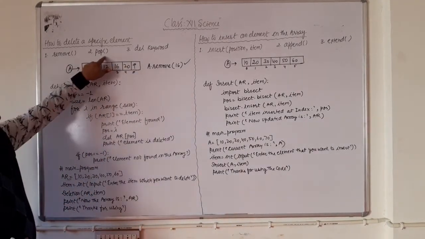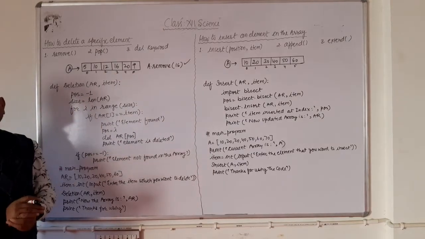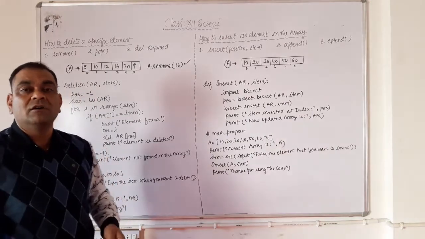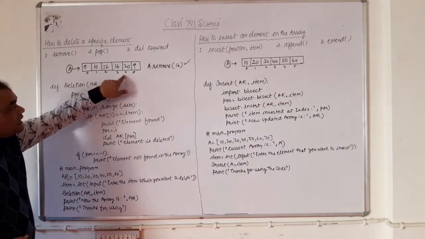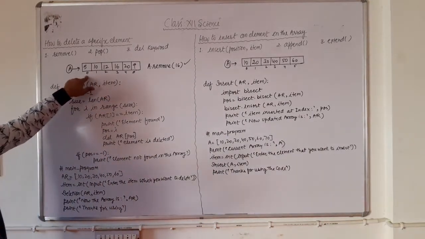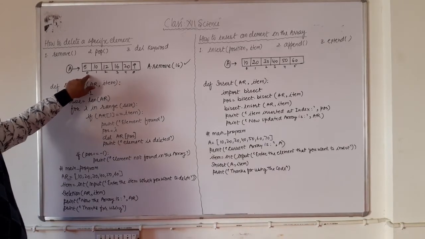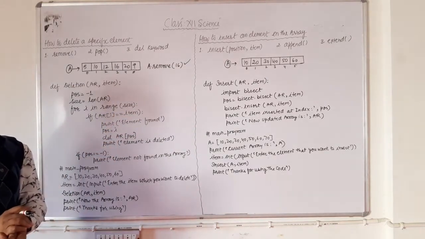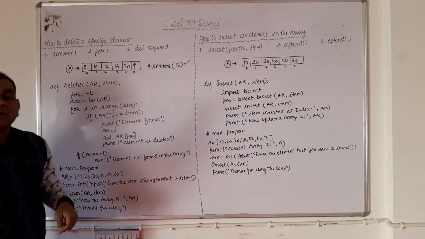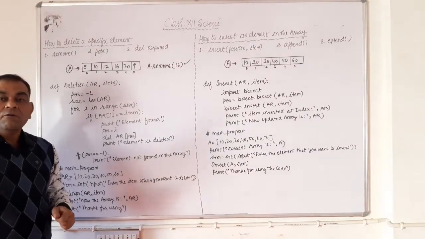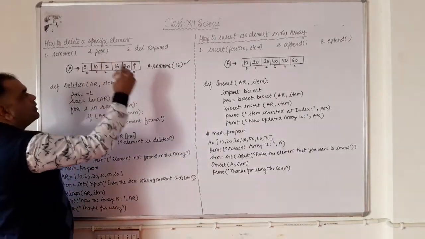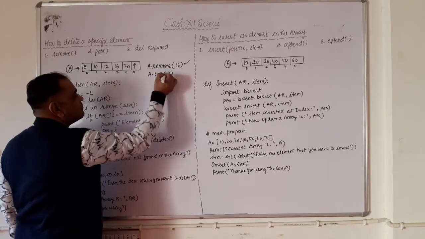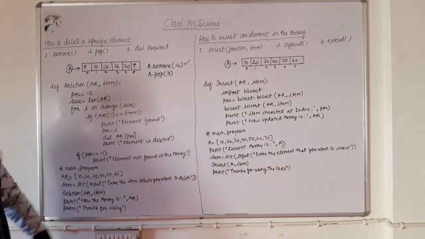The second function is pop. The pop function works on the index position, the element position belonging to each and every array position. Just see 0, 1, 2, 3, 4, 5. These are the element positions inside the array. Right? Now, if you want to remove the third position element from the array by using the pop function, the command is a.pop, and here just supply the position with the pop function.